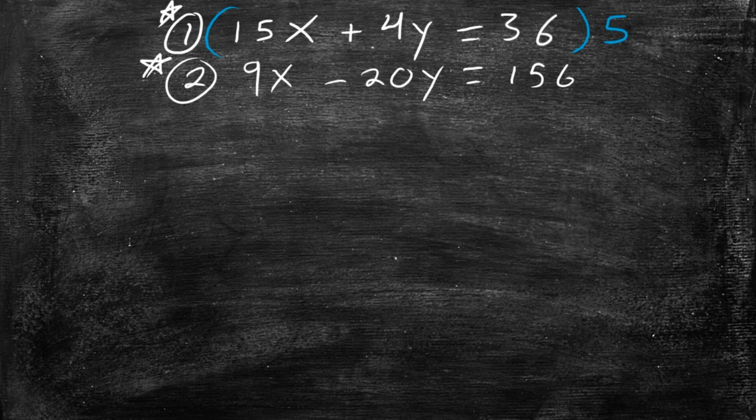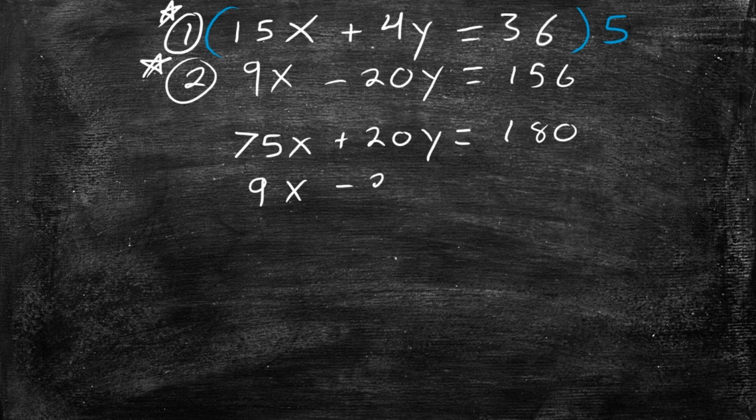So 5 times 15 is going to give us 75x. 5 times 4y is plus 20y. And 5 times 36 is going to give us 180. Don't worry, you can use your calculator. That's what I did here. And now we're just going to write down the second equation. 9x minus 20y is equal to 156.